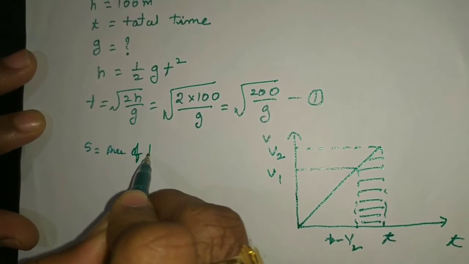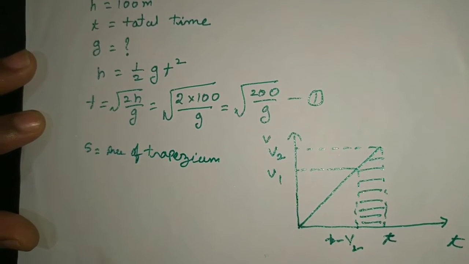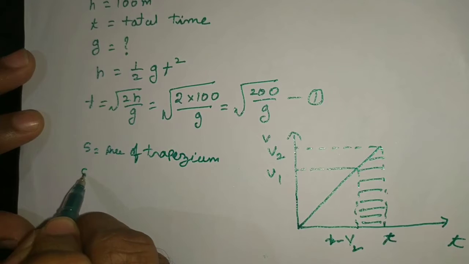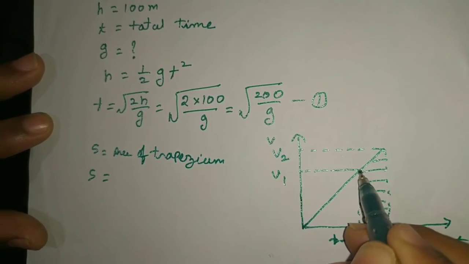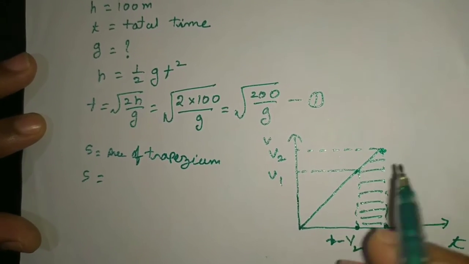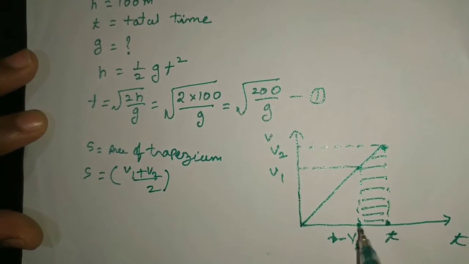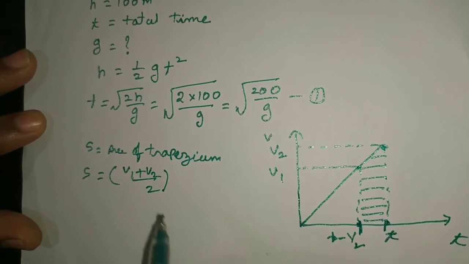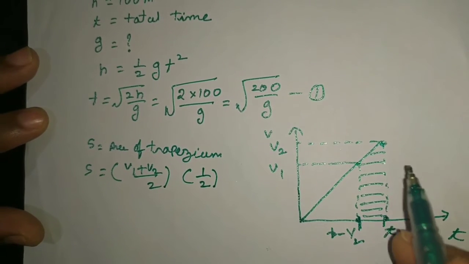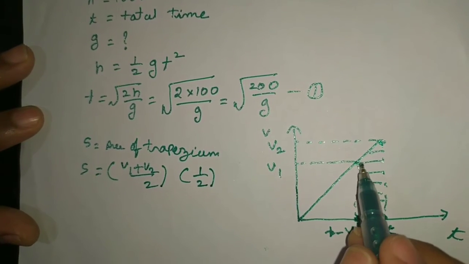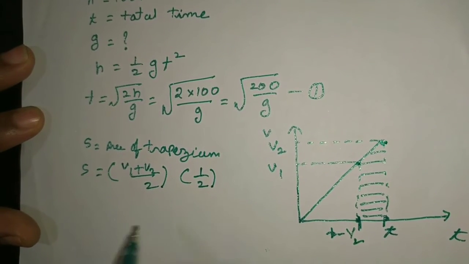Displacement covered is the area of the velocity time graph, so the area of the trapezium is S. S is equal to the average of the parallel sides, V1 plus V2 by 2, into the distance between the parallel sides, which is half second.